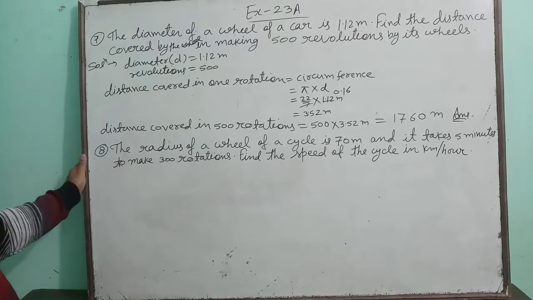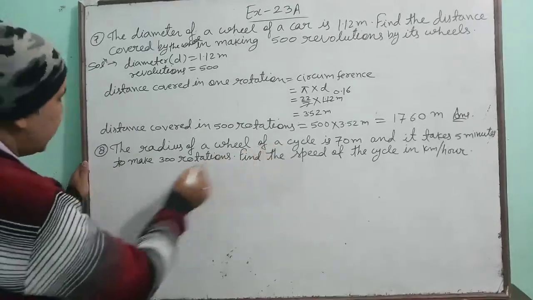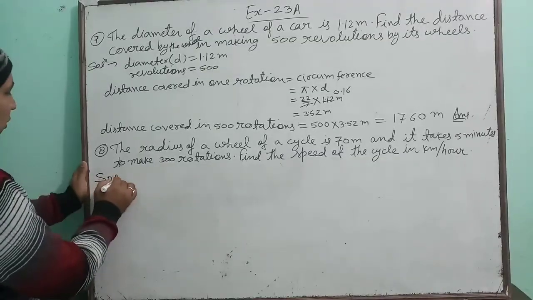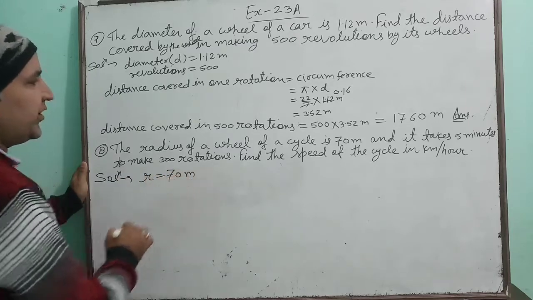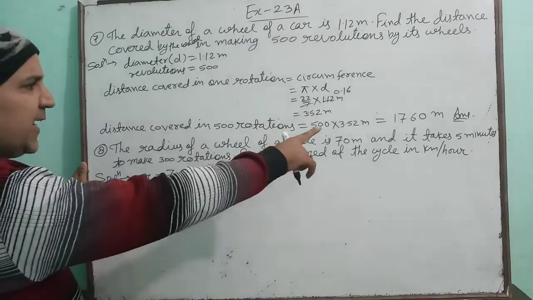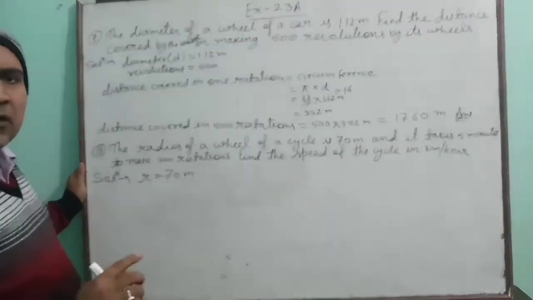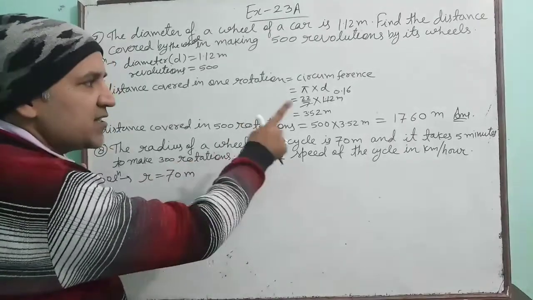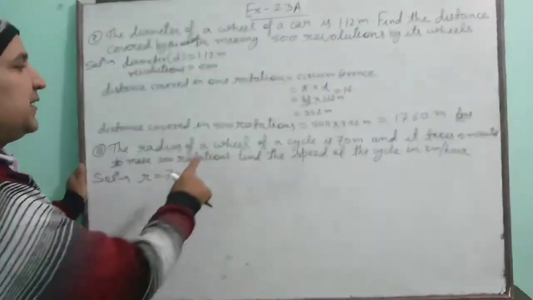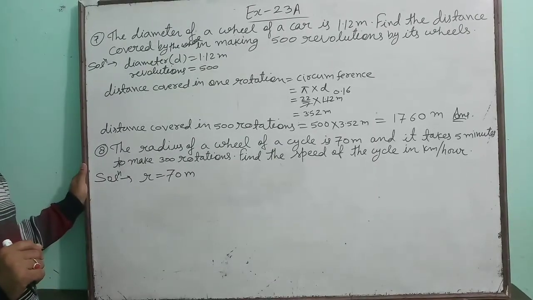Now see question number 8 of your exercise. The radius of a wheel of a cycle is 70 meter. It takes 5 minutes to make 300 rotations. The wheel of the cycle is making 300 rotations in 5 minutes. Then find the speed of the cycle in kilometer per hour.